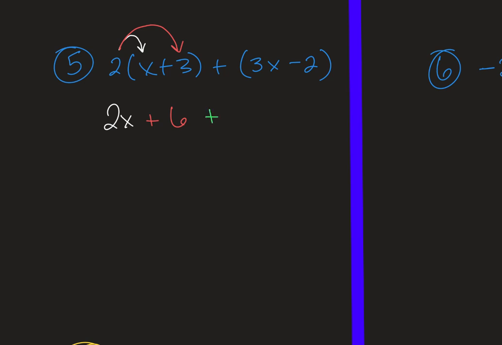Because look, if I were to add 3x, I don't need to rewrite that at all. But now when I add negative 2, you have an option. You can write plus negative 2, or you could just write minus 2. These are your options right here, okay?